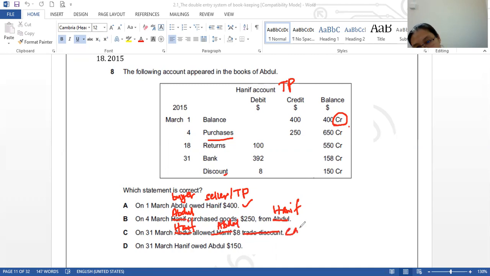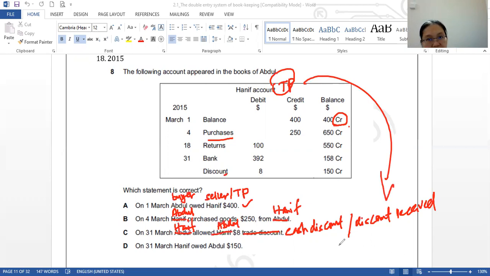What discount is this? This is a cash discount, or we can say this is discount received because this is a supplier. Next, on 31st March, Hanif owed. It's not Hanif owed, it's Abdul owed to Hanif. Okay, so the answer should be A.